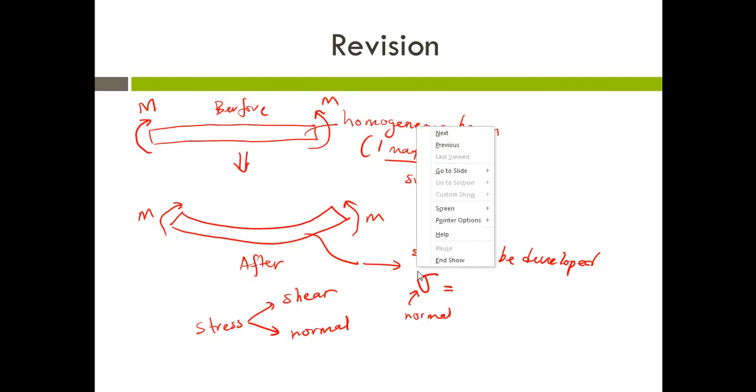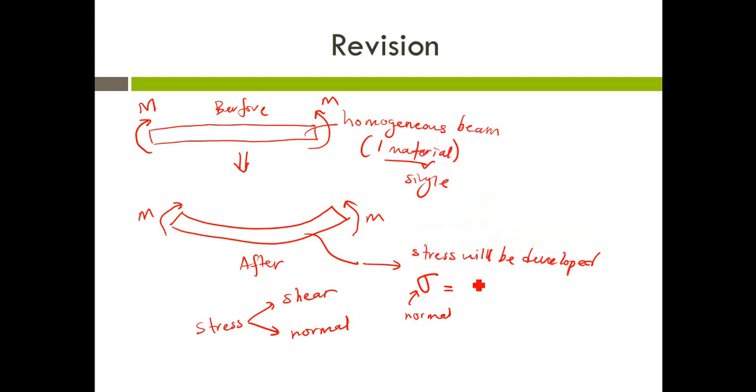The normal stress due to bending is given by My over I, where I is the moment of inertia. Or the sigma maximum is equal to Mc over I.